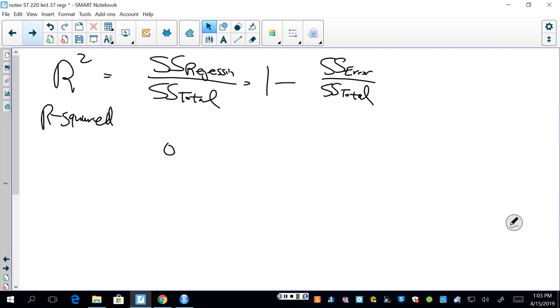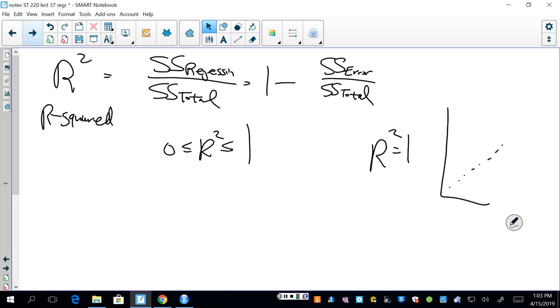It's between 0 and 1. And if it's 1, it's going to mean that you're perfectly on the line. No deviation. All the points are exactly on the line. R squared of 0 is going to be just complete random scatter.